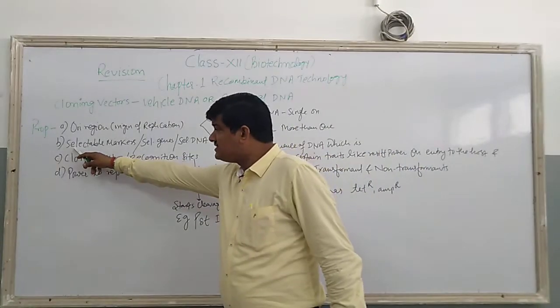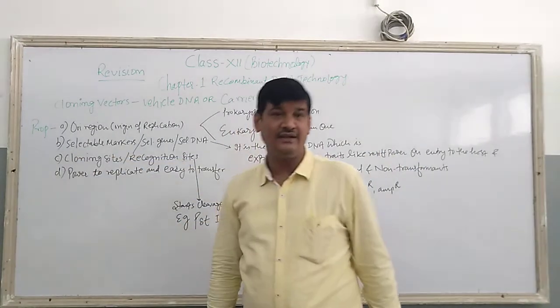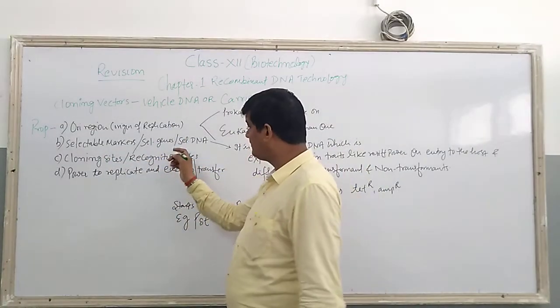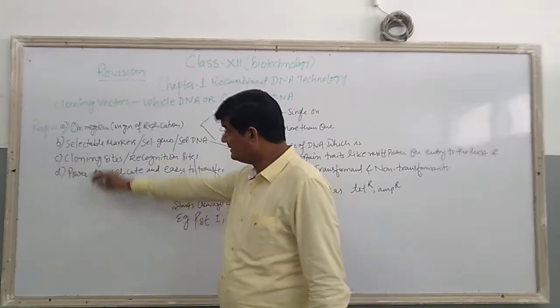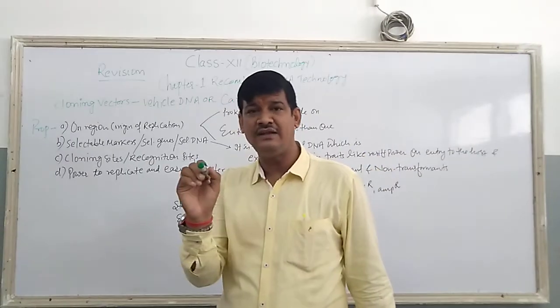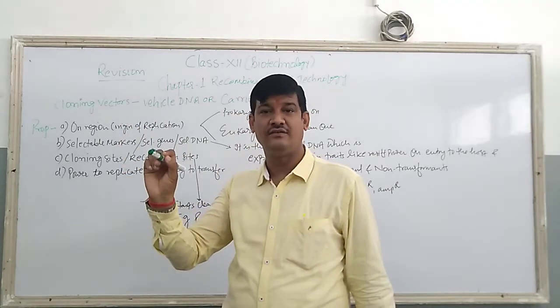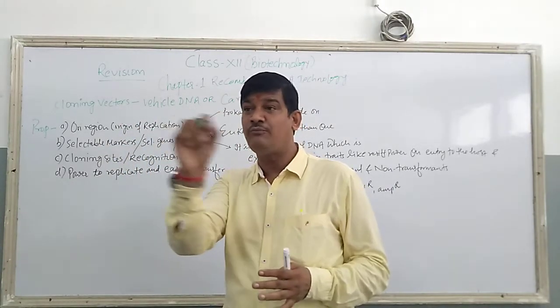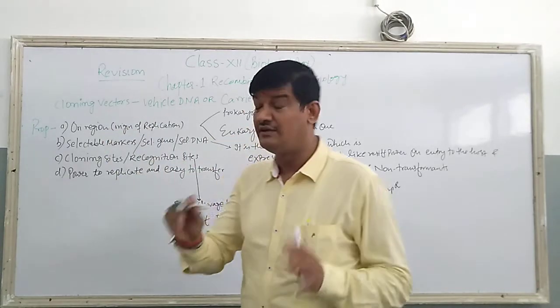Now, the second feature of a vector is the selectable marker, selectable gene or selectable DNA. Normally we use a marker pen. The marker pen is used to highlight the points so that we can easily understand that this is the main point, the more important thing.